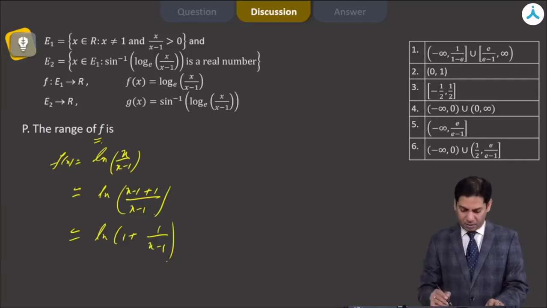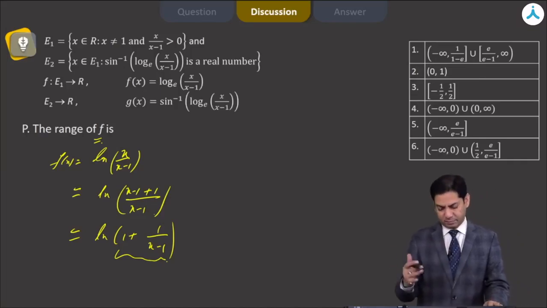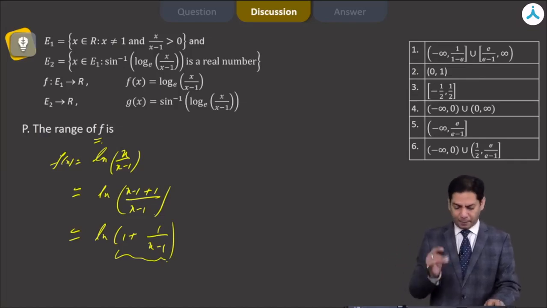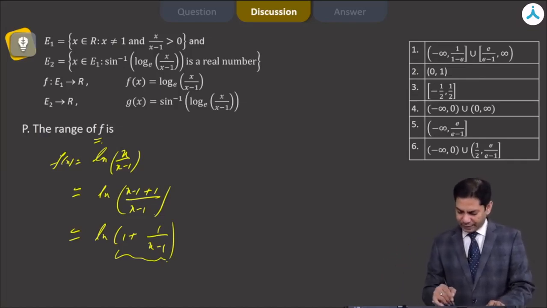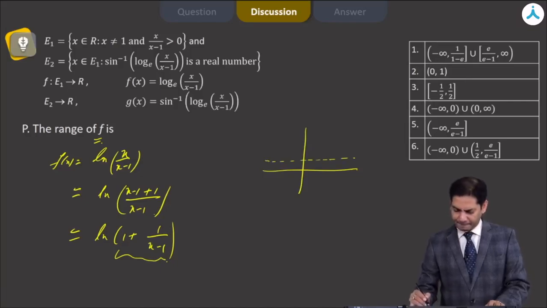And now if we plot the graph of this function, that can be easily done. 1 by x shifted 1 unit towards the positive direction of the x-axis and then shifted up. So the function inside this log, that is the parameter of this function, will be shifted 1 unit above the x-axis, 1 unit on the right, and 1 by x.